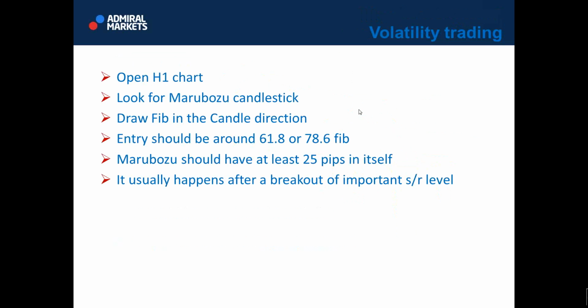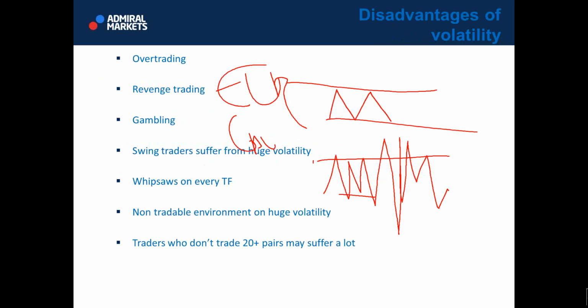Now, how do we do that on volatility? I will show you now. So first is to open up your 1 hour chart. Okay? And yes, one more thing to add before I forget. Cross currency minor pairs are a good thing to go for if you want to trade volatility.